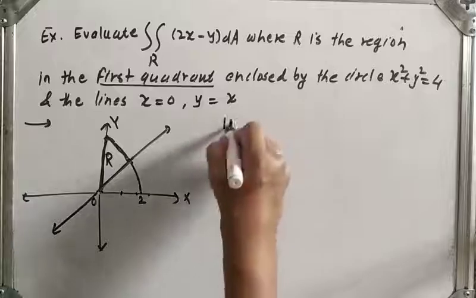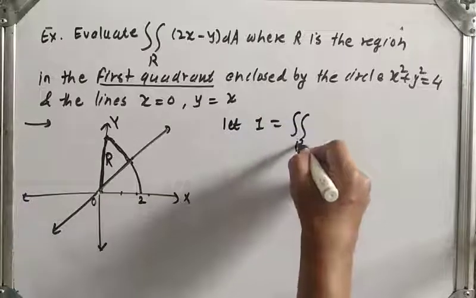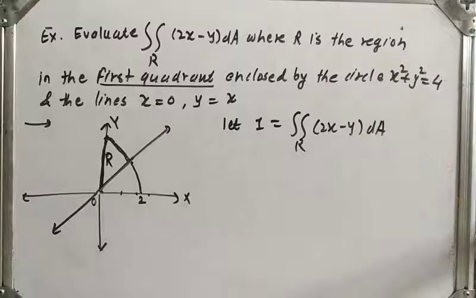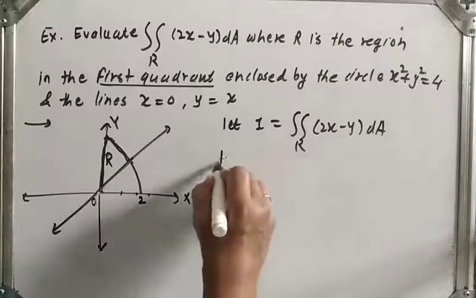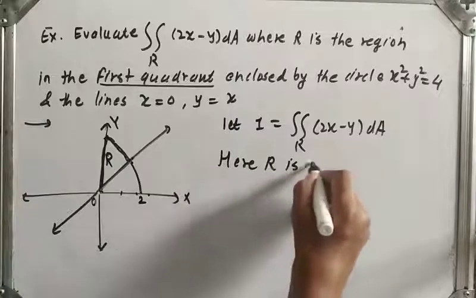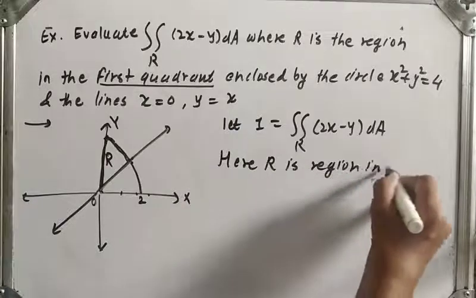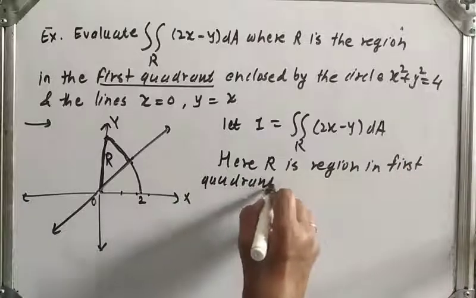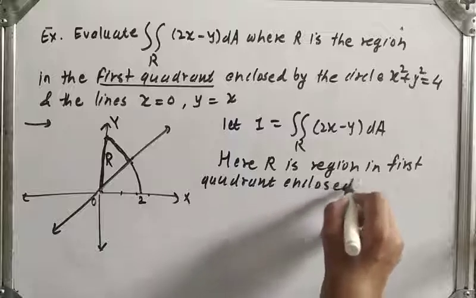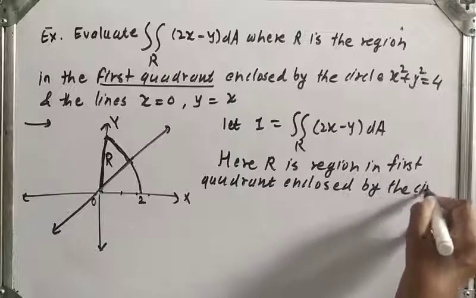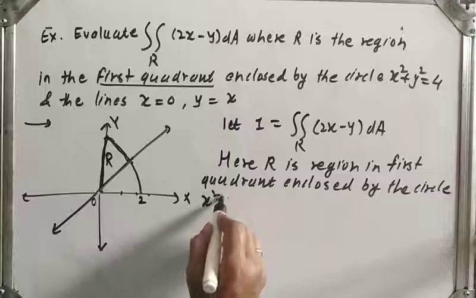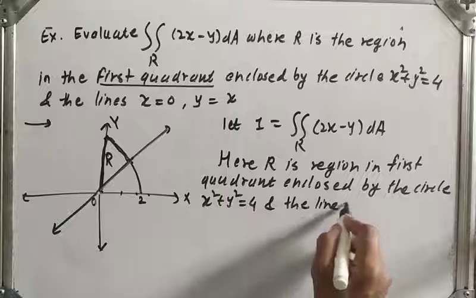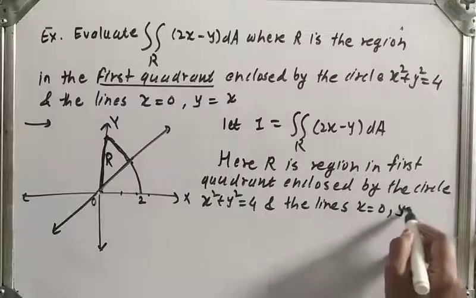So let I is equal to the double integral over R of 2x minus y dA. Here region R is the region in the first quadrant enclosed by the circle x square plus y square is equal to 4, and the lines x is equal to 0, y is equal to x.